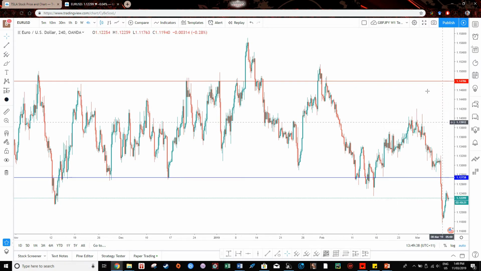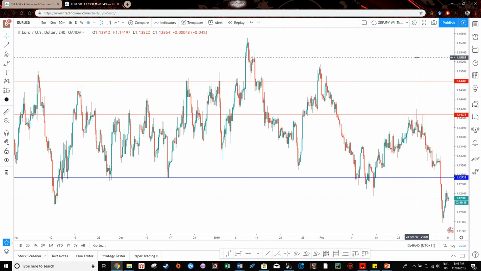I'm sure there's a name for it, I don't know what it is, but you've got this period of consolidation with green and red candles in alternating patterns. Because they're alternating doesn't mean anything. But that's a sideways movement, so it looks like it's coming towards the end of this upswing over here.